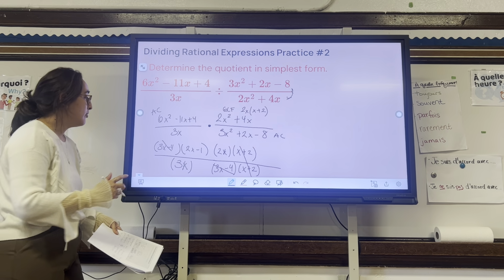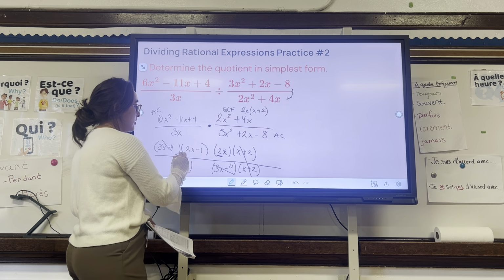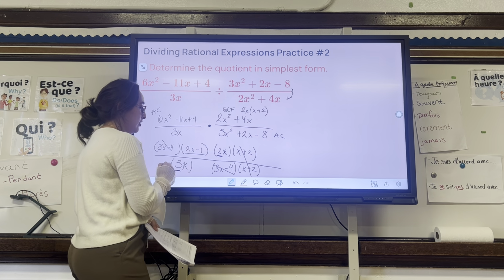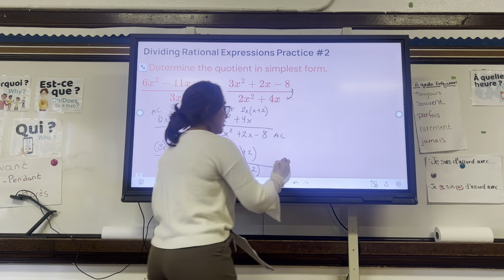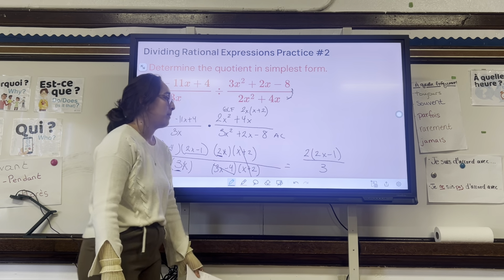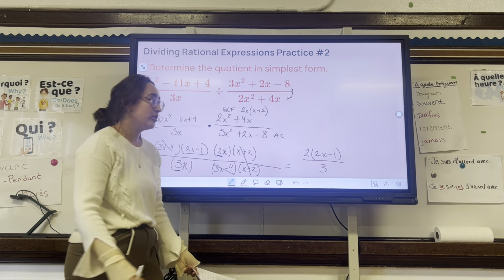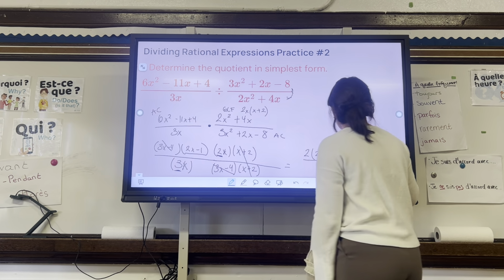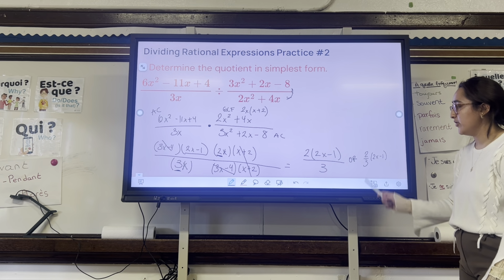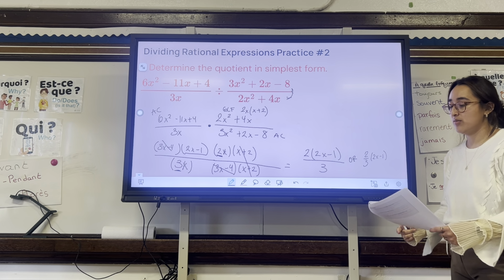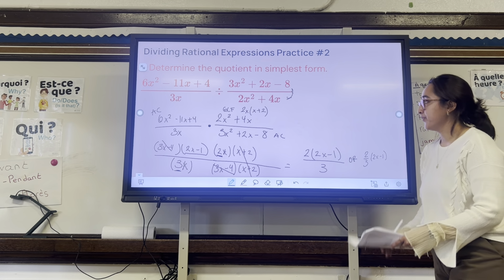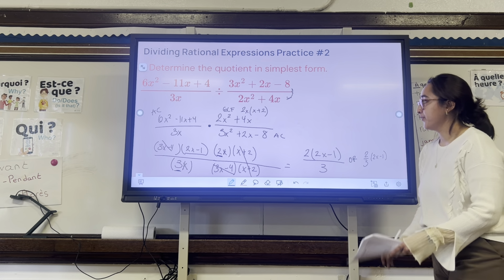So the only thing you have left is this 2, 2x minus 1, and this 3. So your answer would be 2x minus 1 over 3. Alright, you could also write this as 2/3 times 2x minus 1 if you want to put the numbers in the front, but either one works. So that's practice number 2.